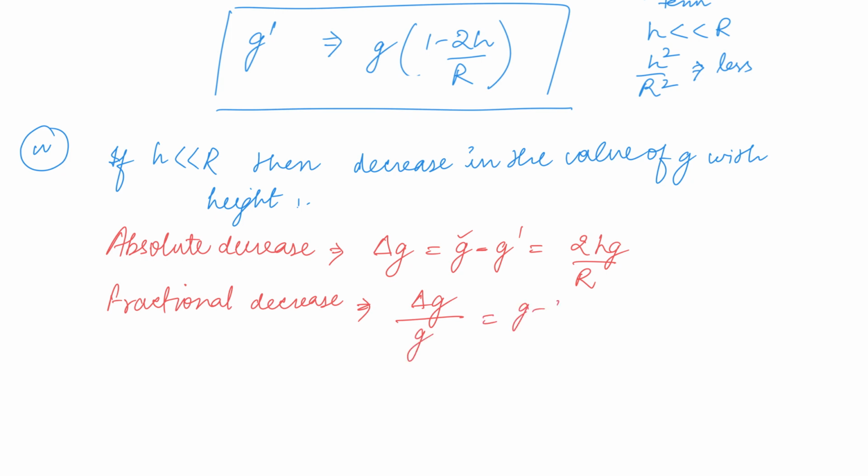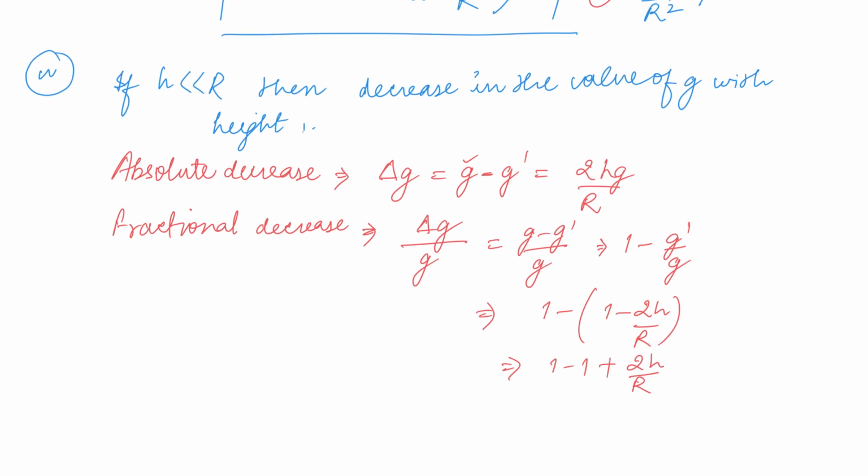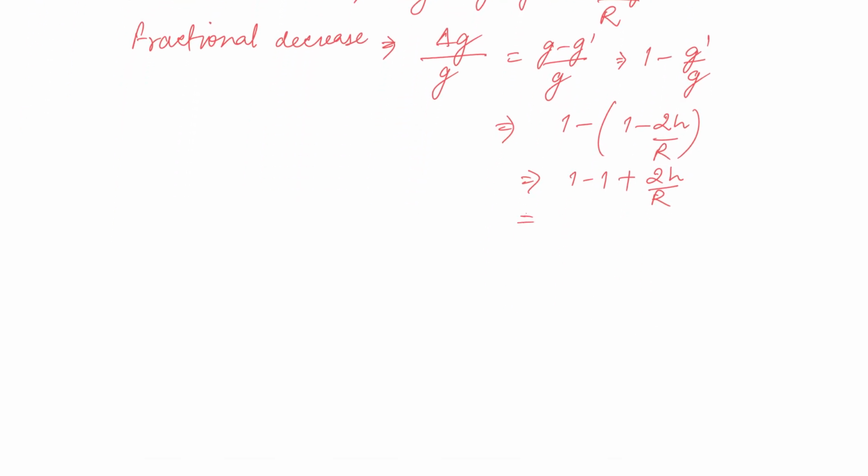So this will be g minus g dash upon g, and g dash upon g, we see from this equation, will be 1 minus 2h upon R. So this will become 1 minus 1 plus 2h upon R, and this will be cancelled out.